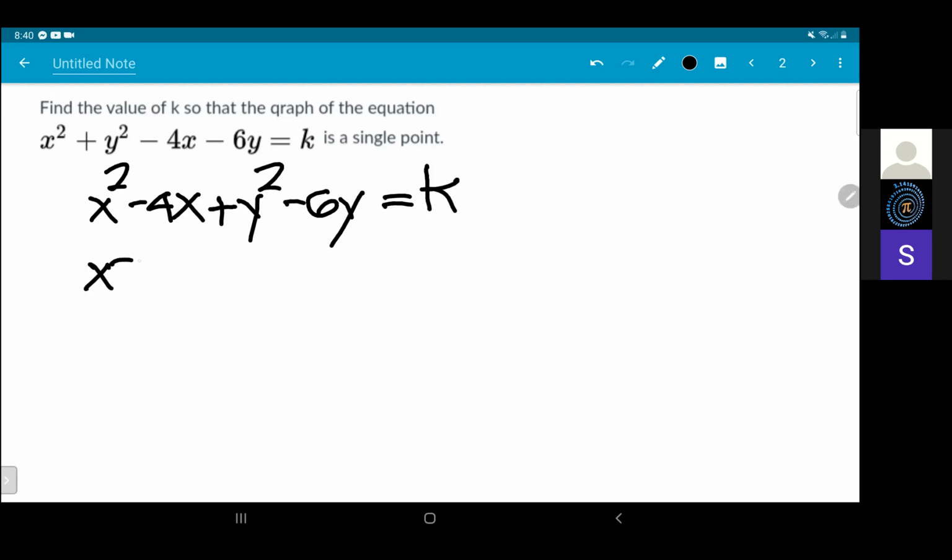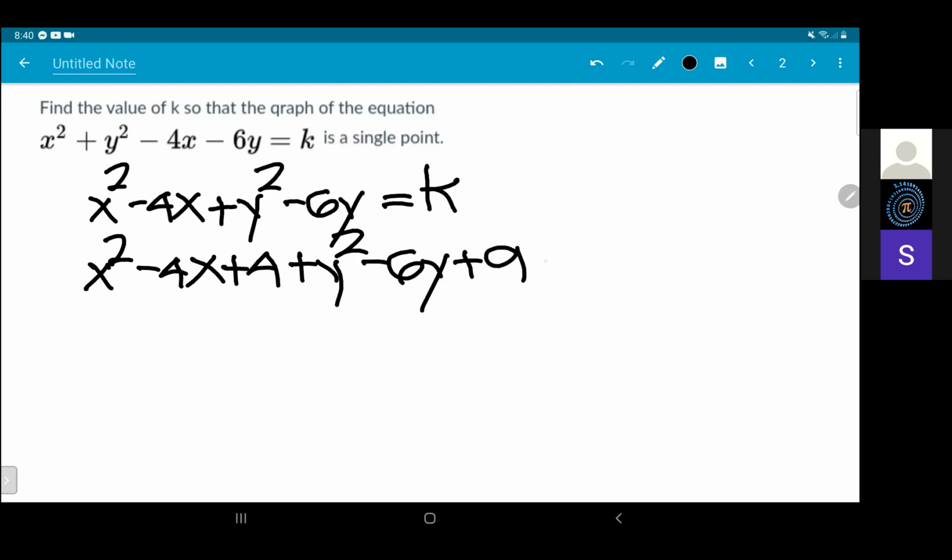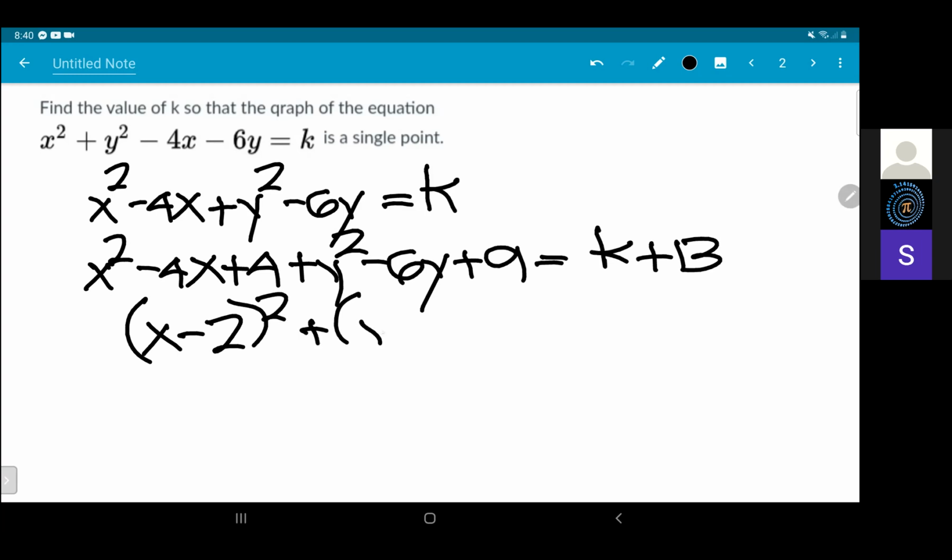Add 4 and 9, so add 13 to the right, and then factor. Now, for this to be a single point, the right-hand side must be 0.